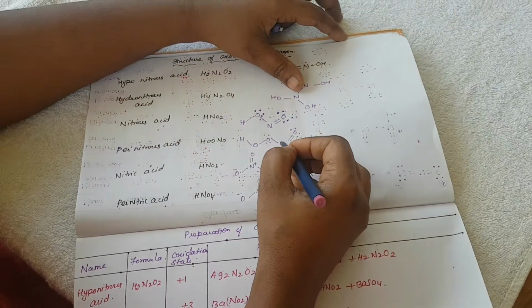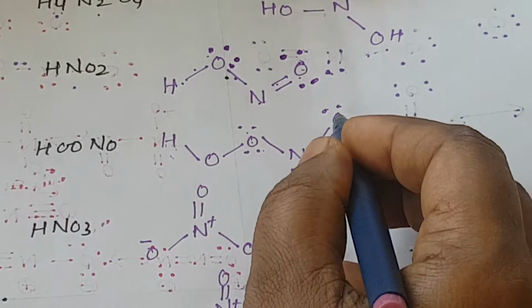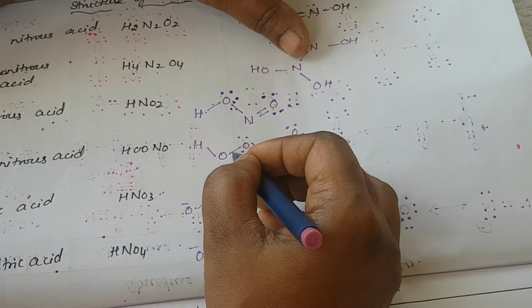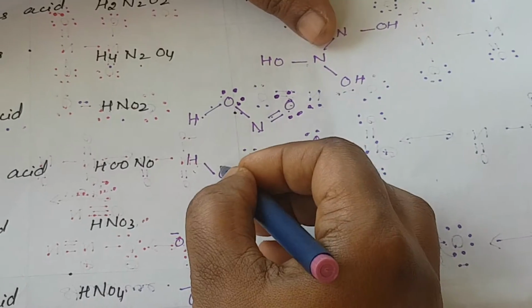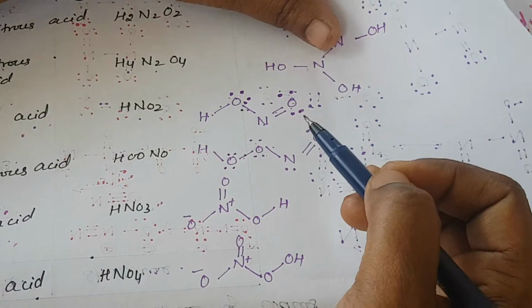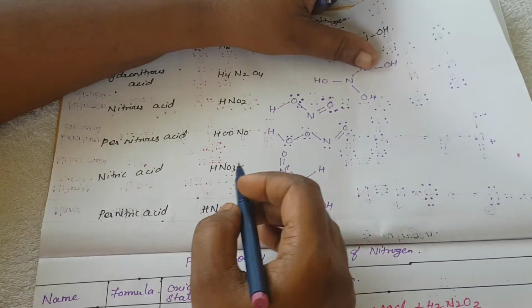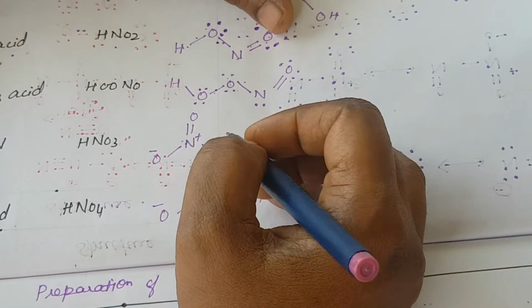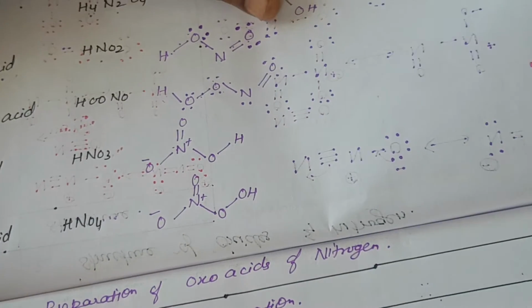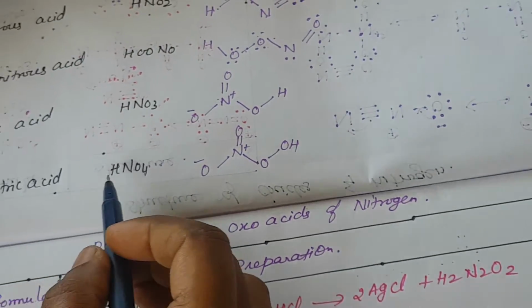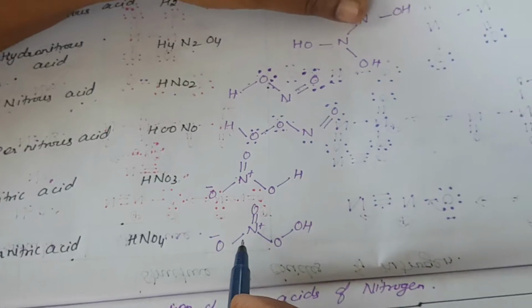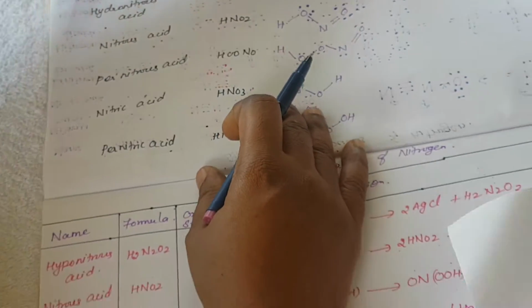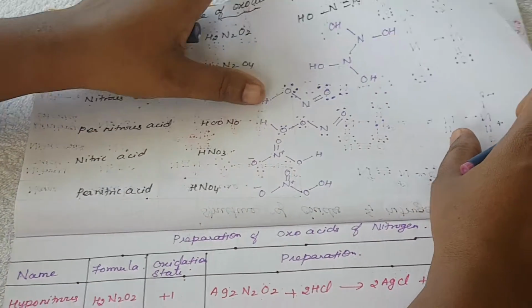Double bond means 4 electrons. Here also 4 electrons. Right. Another one, nitric acid, HNO3. Here also HNO3, 3 oxygens. Here no dotted structure, only the solid structure will be given. Pernitric acid also, only the solid structure will be given. Okay, so these are the structures of oxo acids of nitrogen.